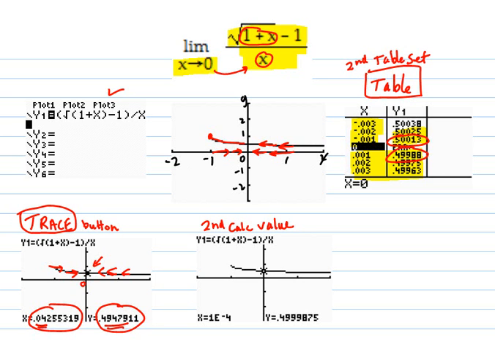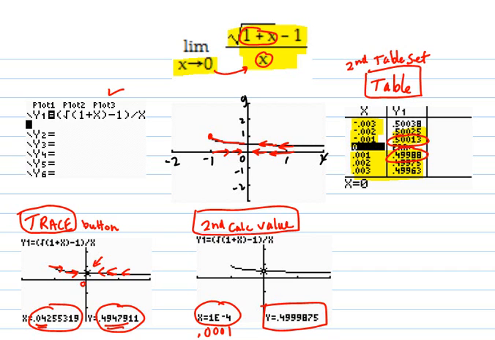So that's another way. Another way you can do it is second calc value. I did second calc value, and I plugged in 0.0001, which is 1 times 10 to the negative 4, and it gave me this y value.